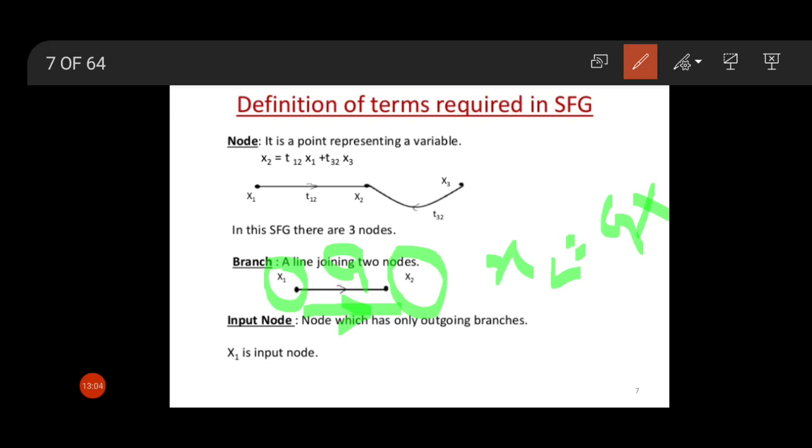A branch is the line joining two nodes. Here x1, x2 are two nodes connected by a line, and this line is called a branch.